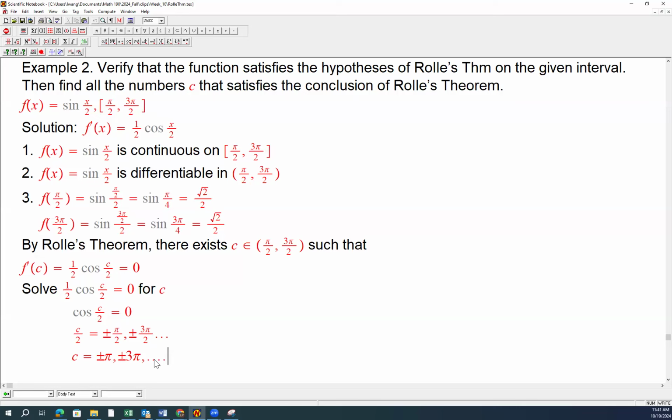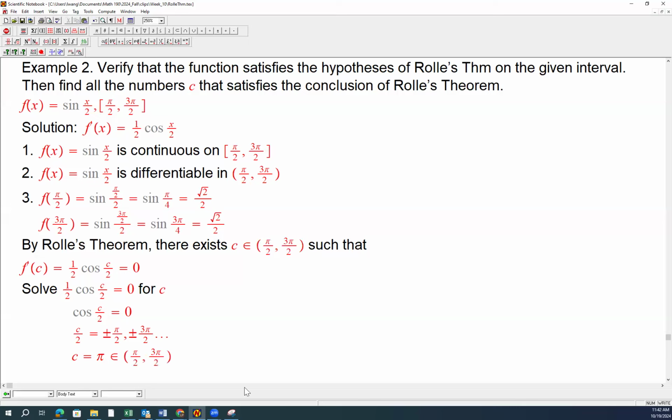However, the c we are looking for is inside this interval, right? So what c is really relevant to us? The c that's relevant to us is pi. It's really pi, and only this number is inside this interval.